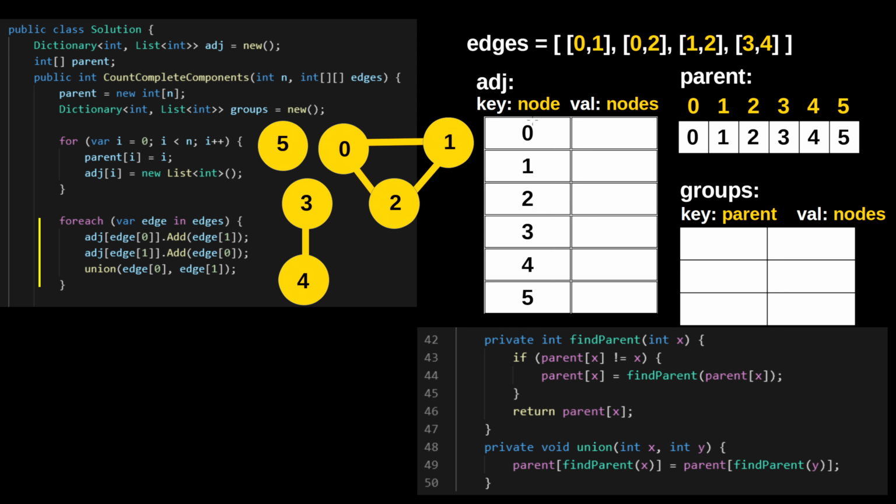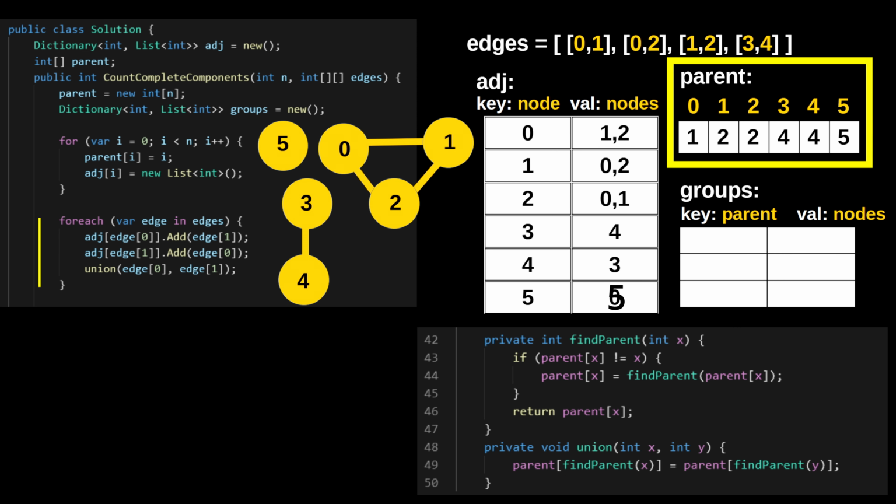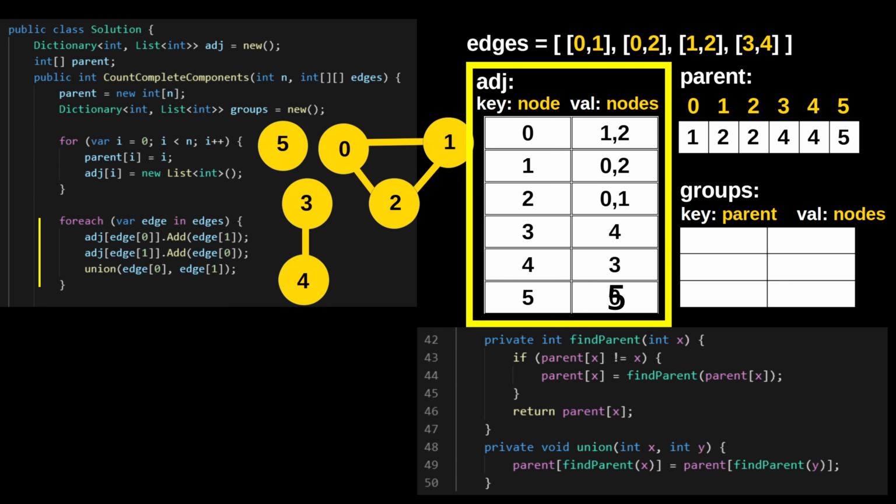Because each edge is an undirected edge, for each edge, there will be 2 entries in the adjacency list. For example, for the first edge 0, 1, we'll put 0 and 1 here, and then also 1 and then 0 here. In the foreach loop, I will also perform a union operation to build up the union find structure. Upon the completion of the foreach loop, the parent array would have these values. And the completed adjacency list looks like this.